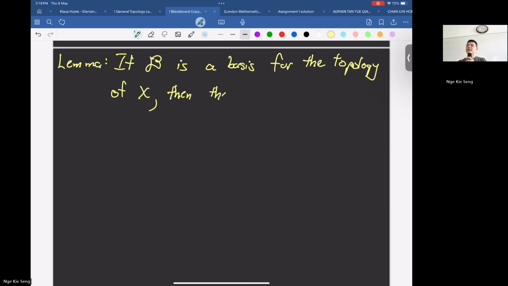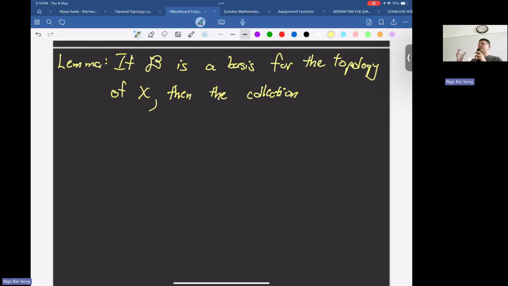How do you make your subspace topology? What operation do you take? Y intersect with open sets in X.